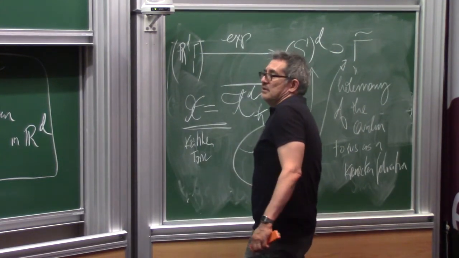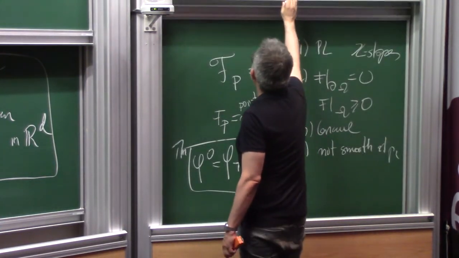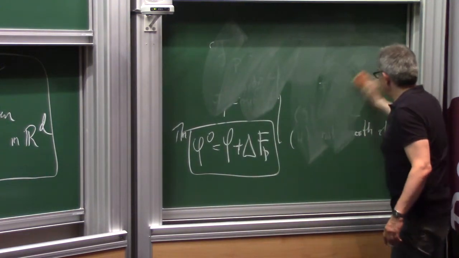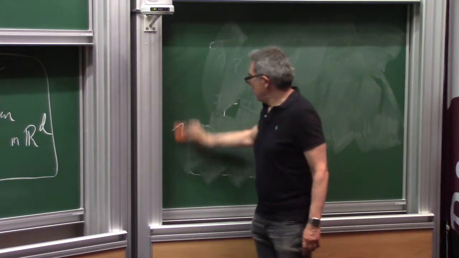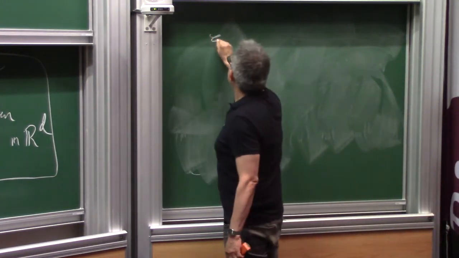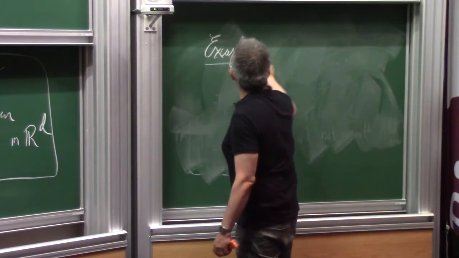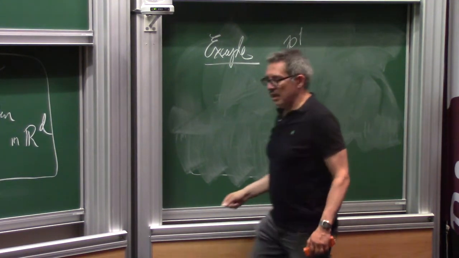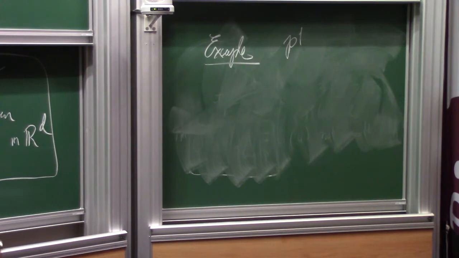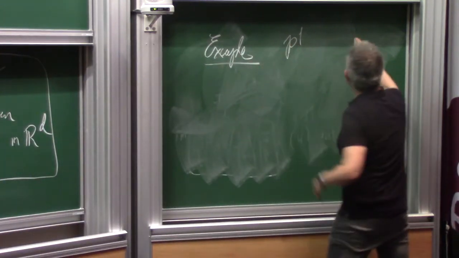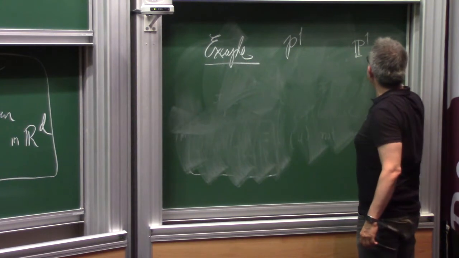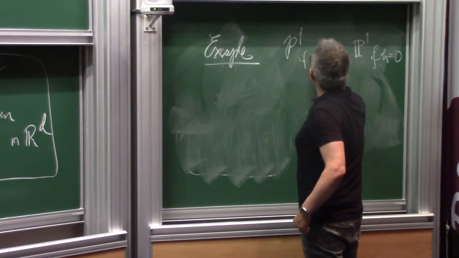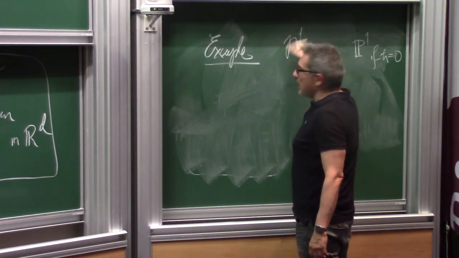and as Maxim said, for example, for P1, we get the classical P1, of course, if h bar is 0. But if h bar is not 0, then we get a quantum P1.